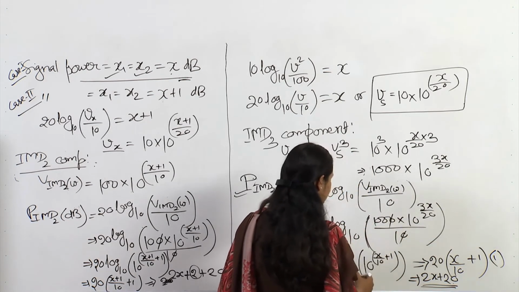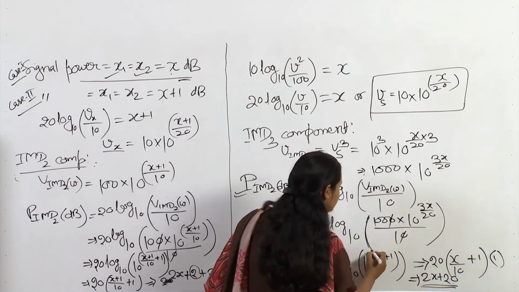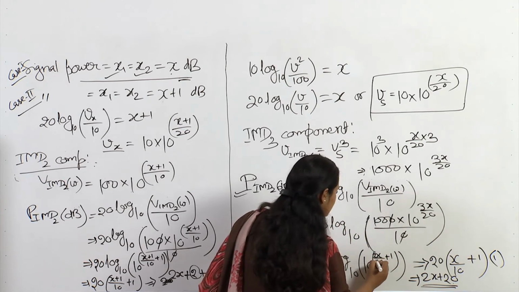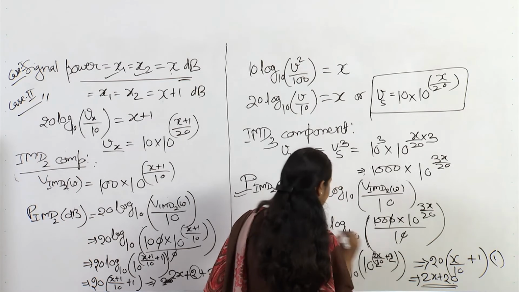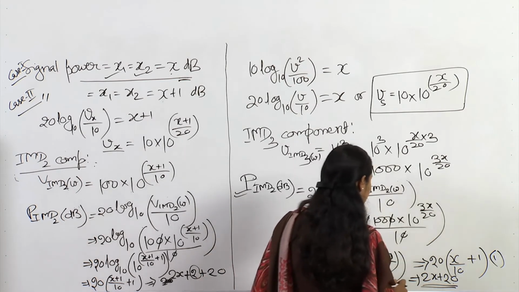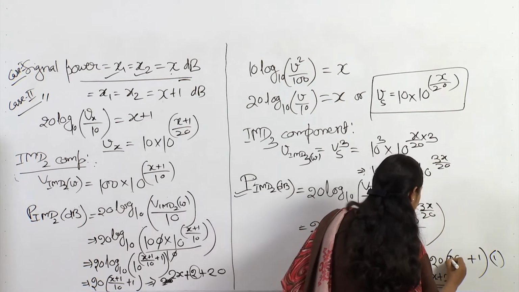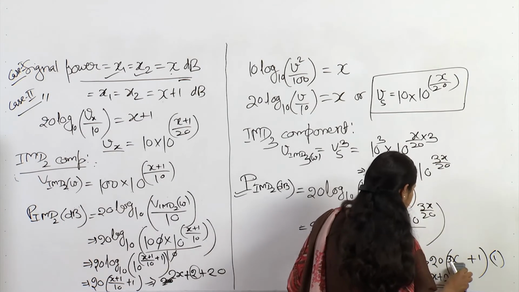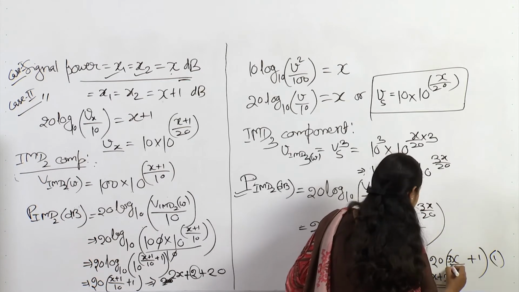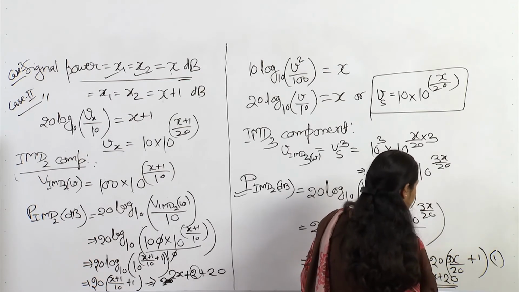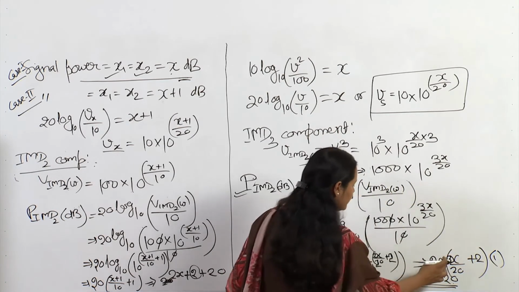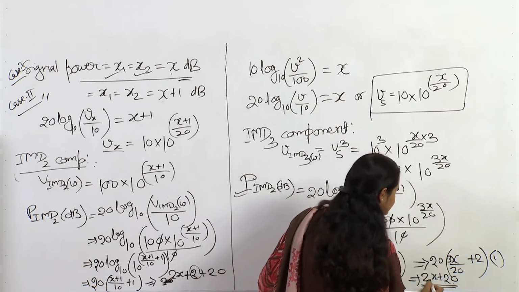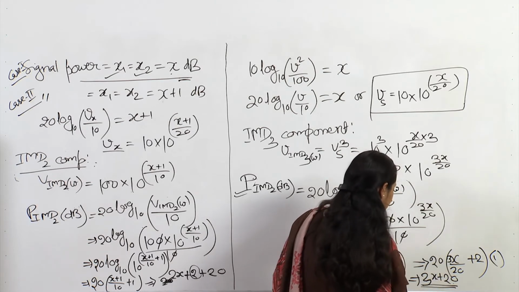It will be cancelled out and it will become 3x upon 20 plus 2, and the output individually will become 3x plus 40.